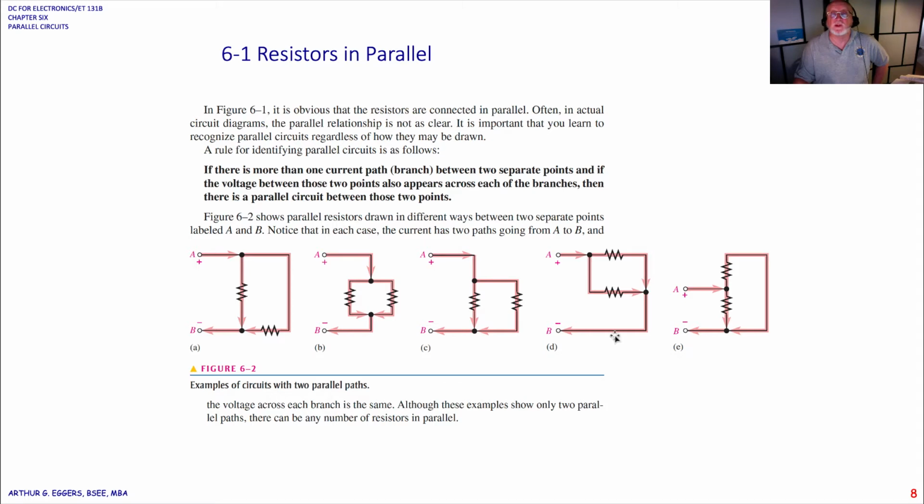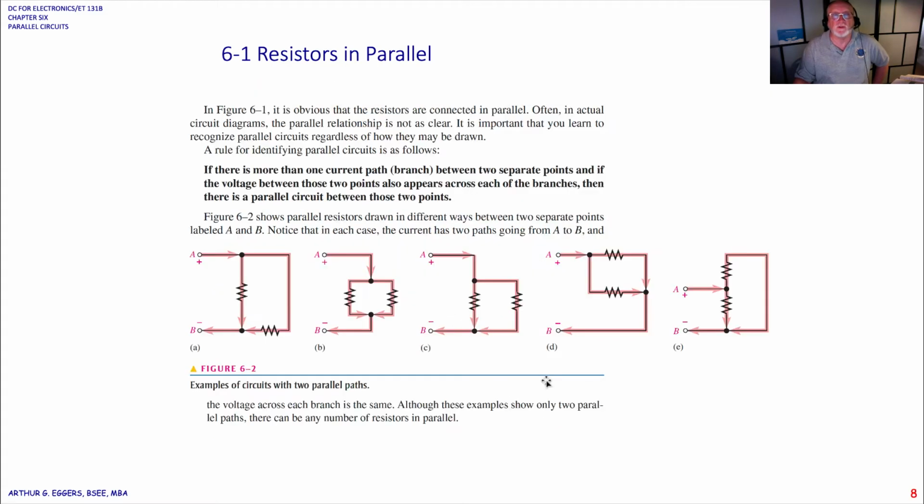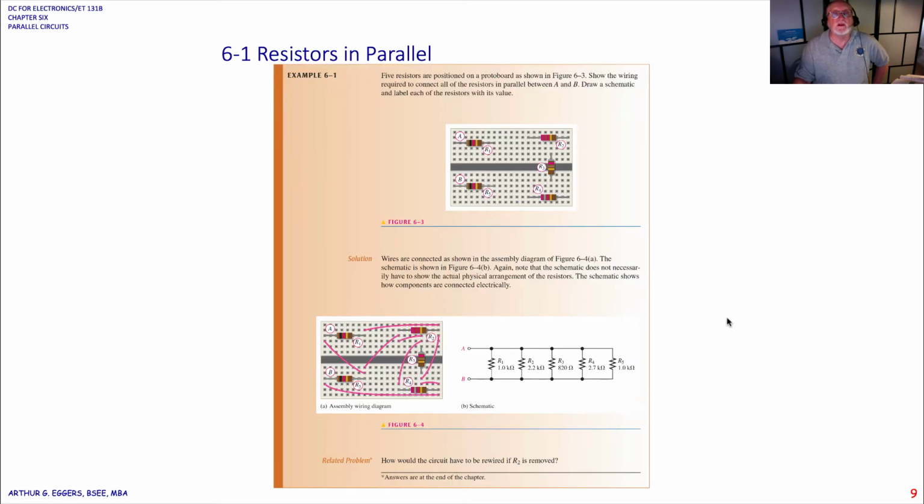One of the things that we're going to find out in a parallel circuit, let's go back to this one, is that the voltage across this resistor will be the same voltage across R2. So as you in your lab start looking at, well, how do I build a parallel circuit so that each of the nodes are formed, in this case, all tied together?